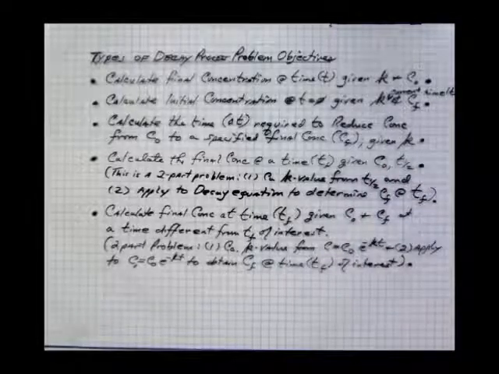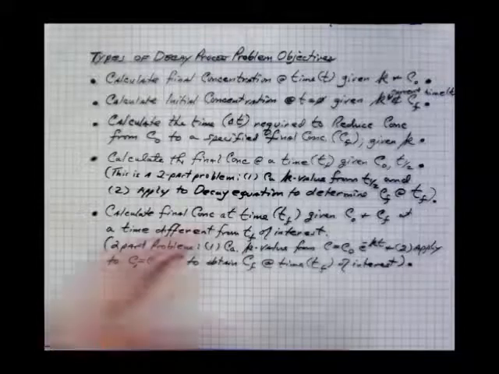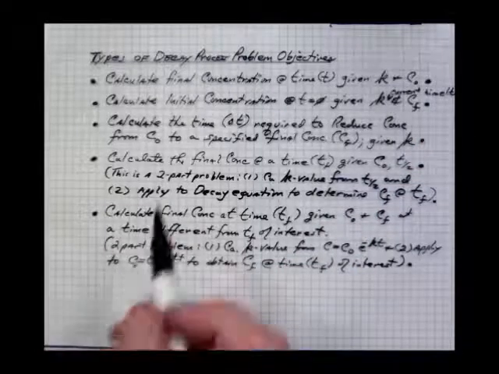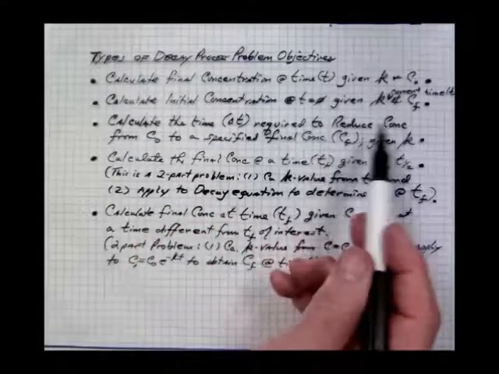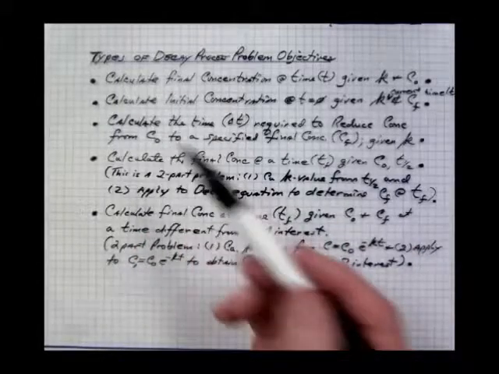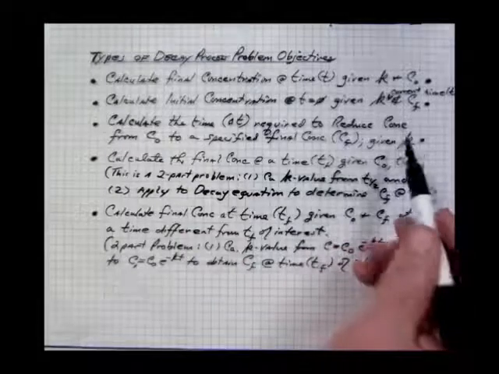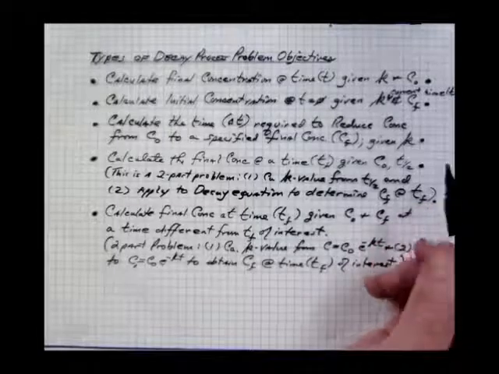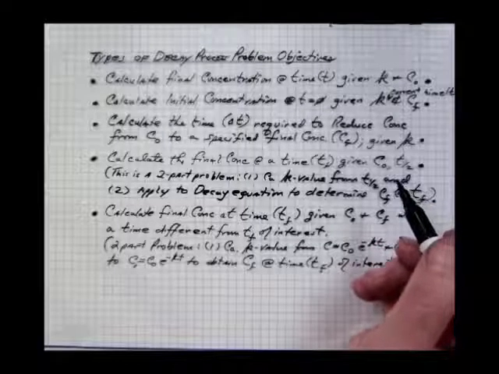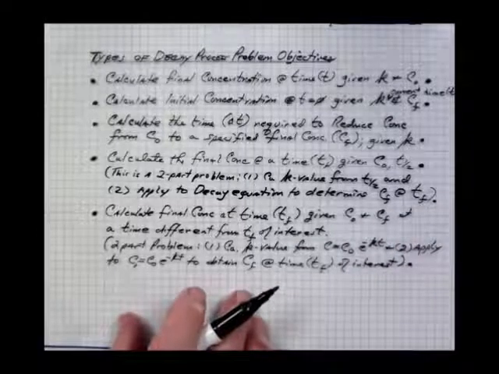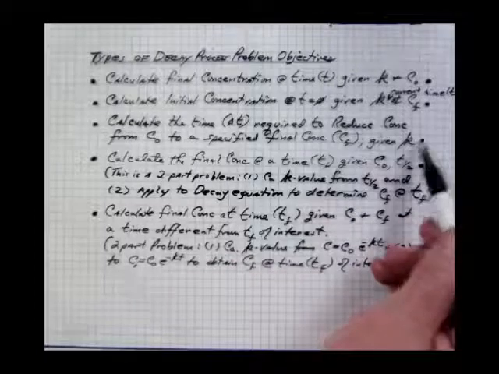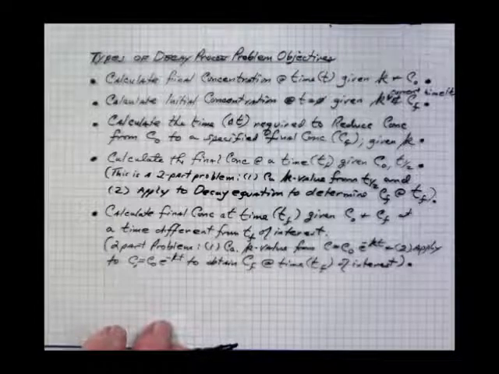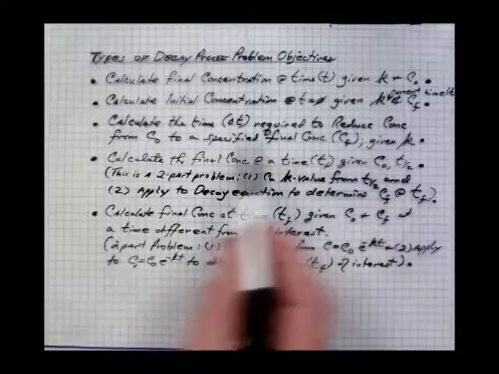So you would need the time for the final concentration. Another problem is to calculate the time required to reduce a concentration from the initial concentration to a specified concentration, simply given the value of K. You have to deal with the T expression, solving for it. It's a very easy approach for calculating the T value. I'll show you in a moment.